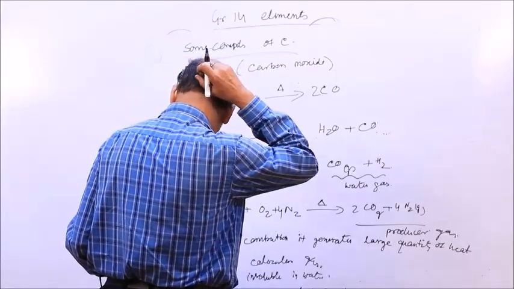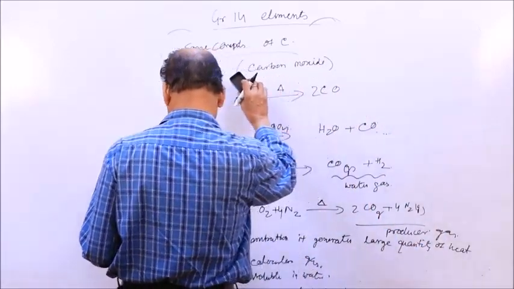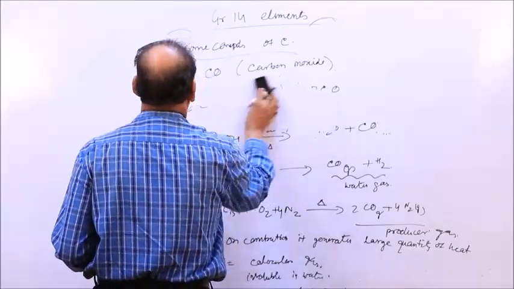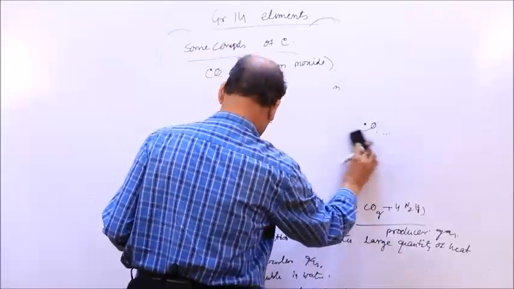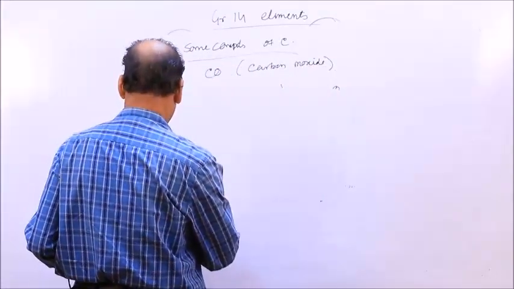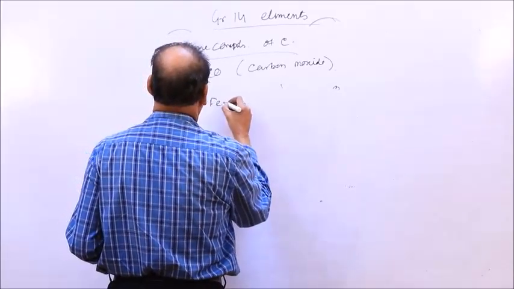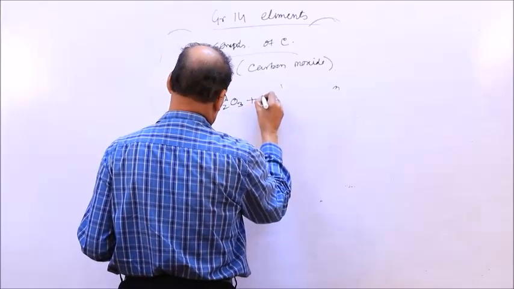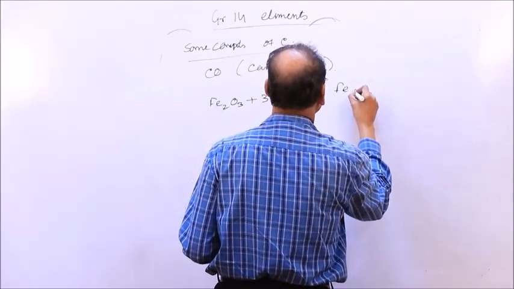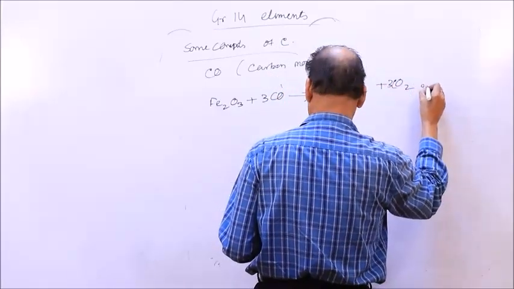It reduces almost all the metal oxides. Suppose you take ferric oxide: in the presence of carbon monoxide, it gives solid iron and carbon dioxide gas.